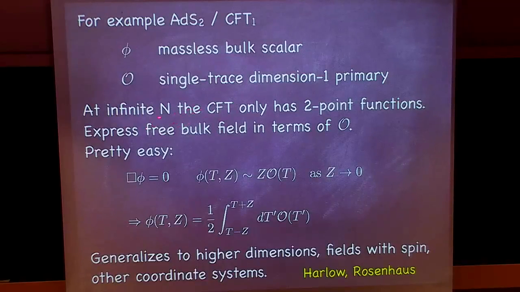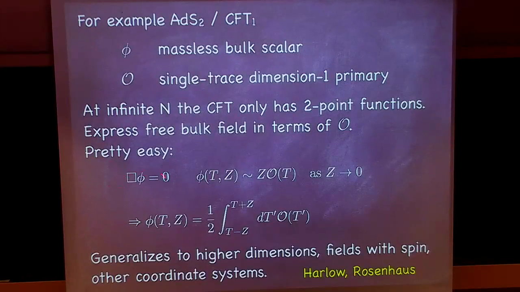In this limit, what we'd like to do to reconstruct the bulk is just express a free bulk scalar field in terms of the operator in the CFT. That's a pretty easy problem to solve. It was solved long ago.